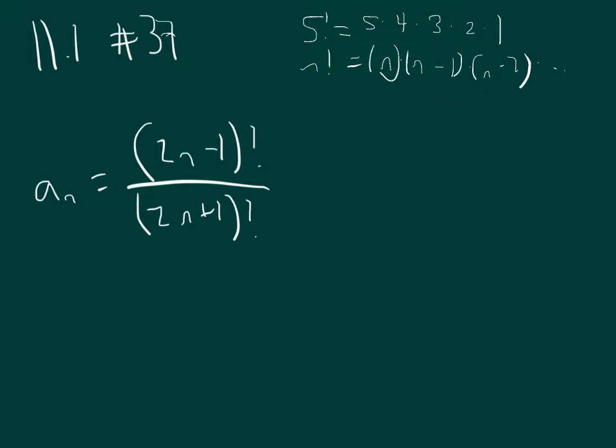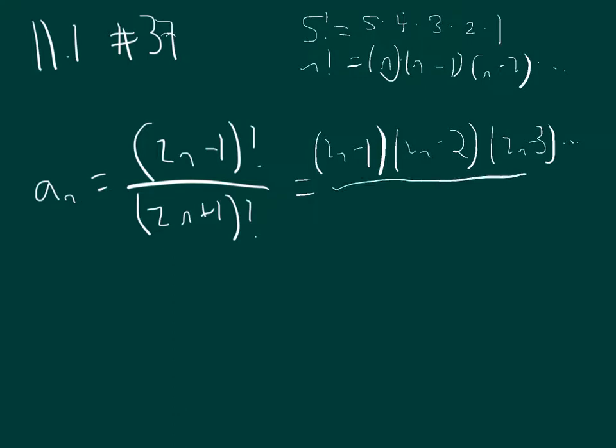Okay, so it helps to look at this problem and write out a few terms. If you have 2n minus 1 factorial, that's going to be 2n minus 1 times 2n minus 2, because that's 1 less than that, and then 2n minus 3. And the denominator is going to be 2n plus 1 times, well, 1 less than 2n plus 1 is just 2n.